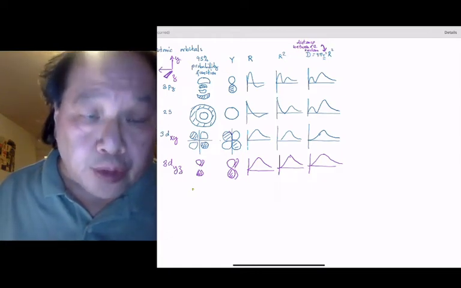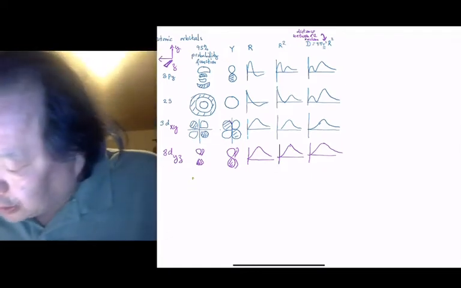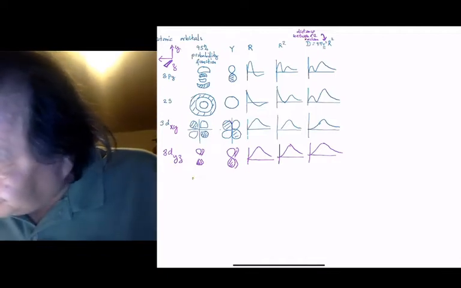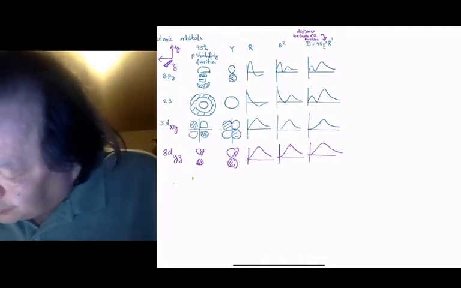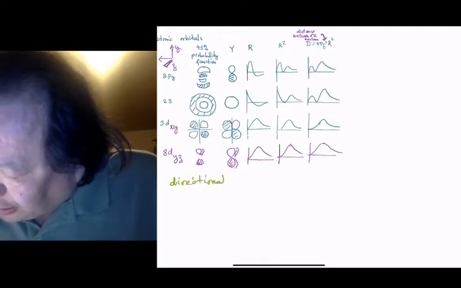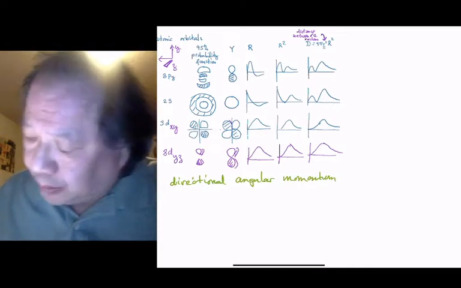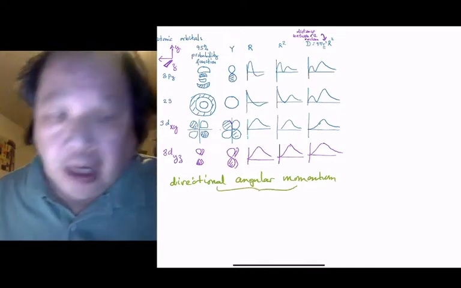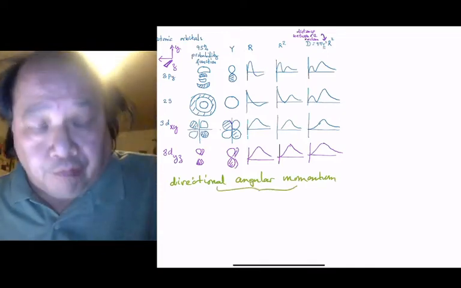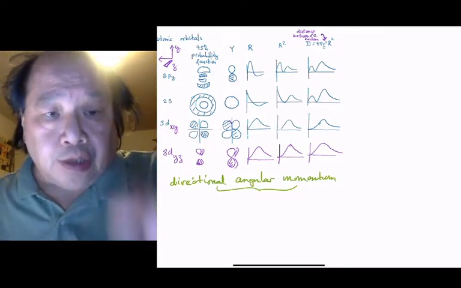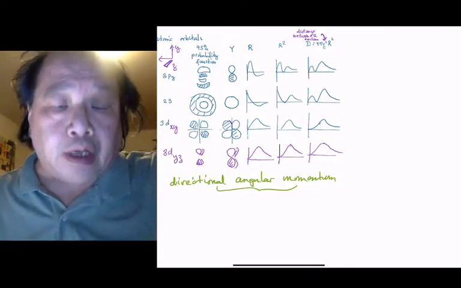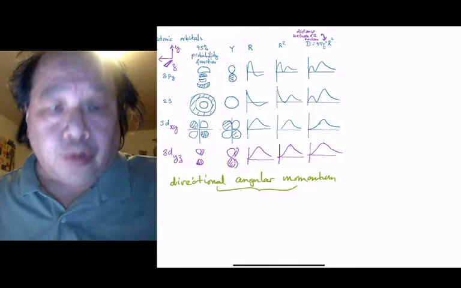The third quantum number is based on the directional angular momentum. The directional angular momentum is how much a thing is spinning around a given direction.